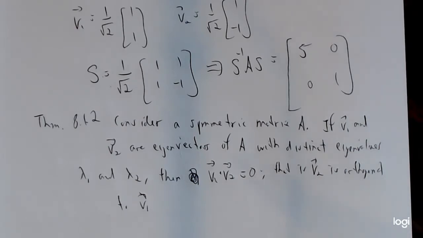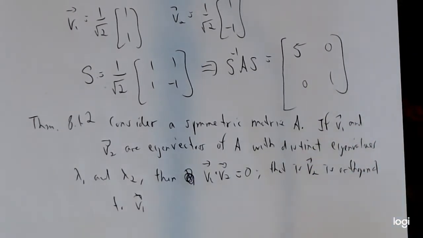So the last example that we did, notice our eigenvalues were what? 1 and 5, which clearly were distinct, and the eigenvectors that I found ended up being orthogonal, which wasn't a coincidence because this theorem is stating that. So we're going to prove this because this is a really interesting result.